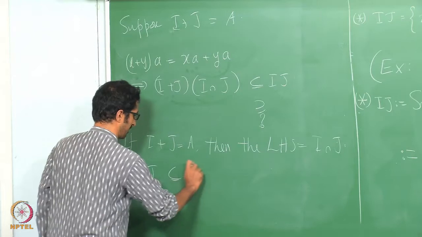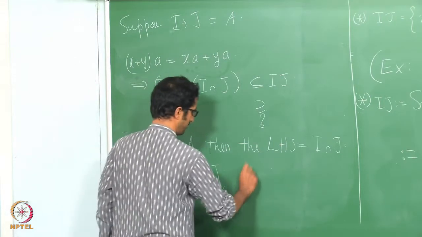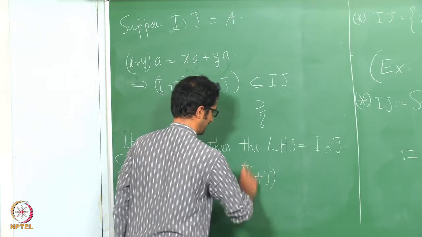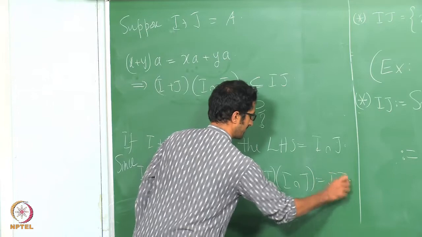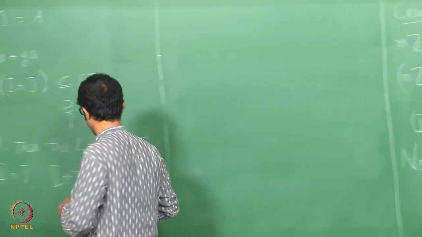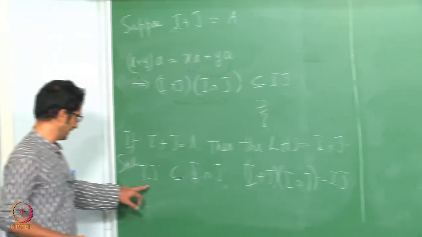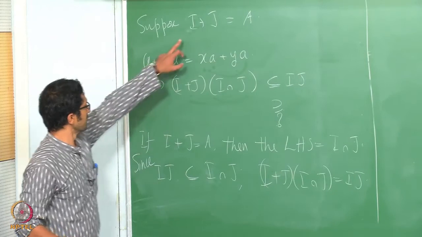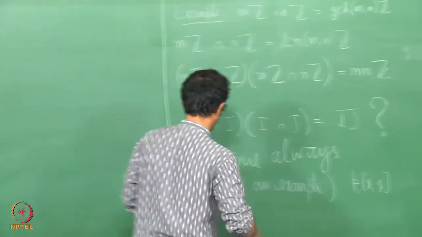Since IJ is always contained in I intersection J, we have I intersection J is equal to IJ. Okay. So therefore, if I plus J is A, then we have this equality.